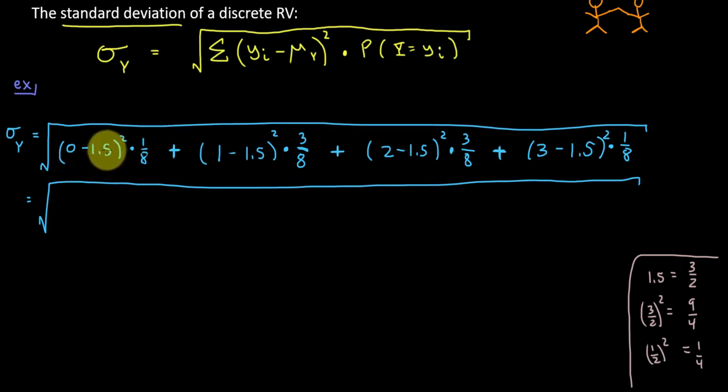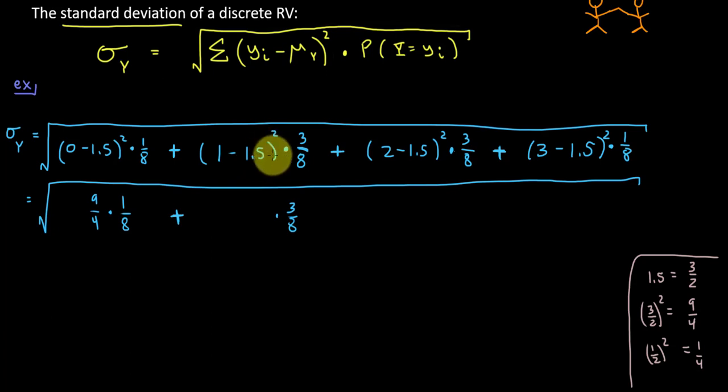Here I see a negative 3/2 squared. I know that those negatives will cancel out when they're squared. So 3/2 squared, that would be 9/4. And I'll just keep that multiplication by 1/8 for right now. Let's see here, 1 minus 3/2.